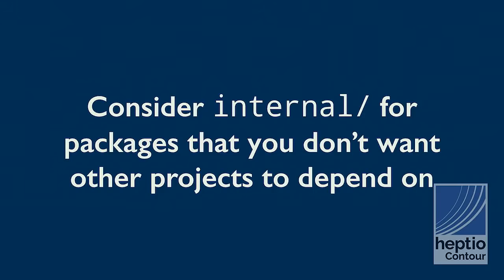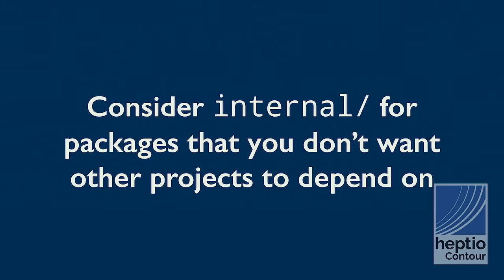But what I want to offer is an alternative suggestion, which is instead to put code that you don't intend for others to use, because don't forget, in Go, we just have public or private as visibility modifiers, in a directory called internal. You saw on the previous slide, almost all of that code was inside the internal directory.